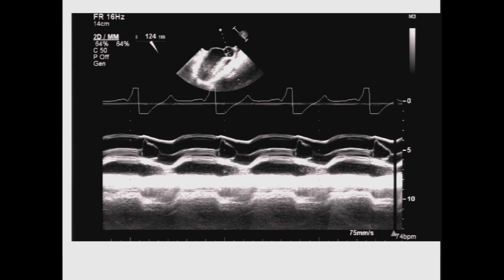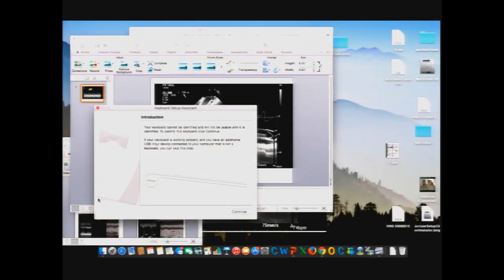But it almost looks triangular in shape. It is very, very different from somebody with mid-systolic closure, which you would see in hypertrophic obstructive cardiomyopathy.